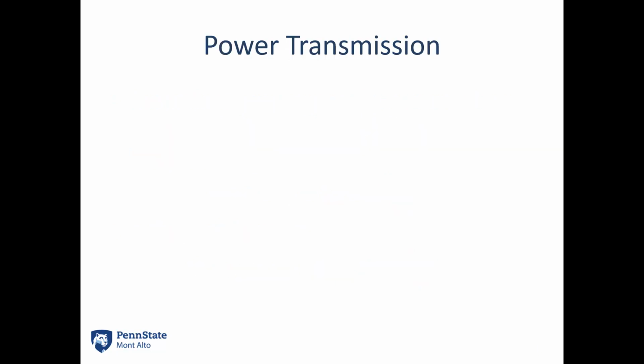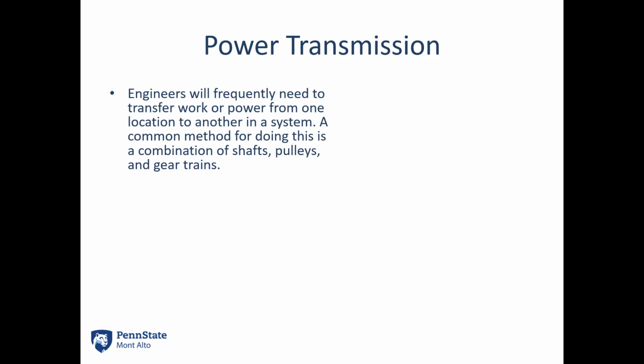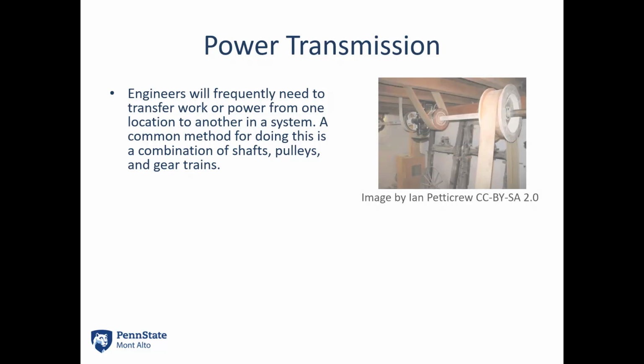All right, so power transmission is another thing. Engineers are frequently going to need to transfer work or power from one location to another in a system, and the most common method for doing this is the rotational system. A combination of shafts, pulleys, and gear trains is a power transmission system.